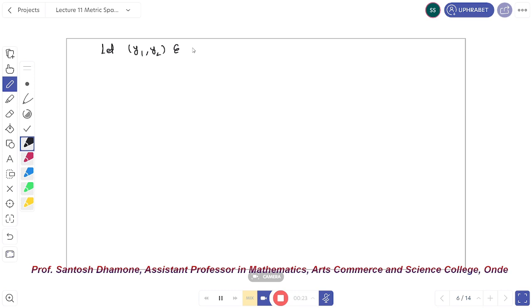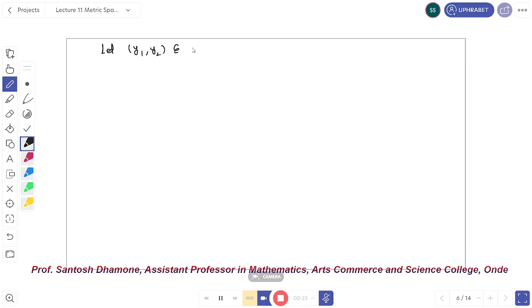This is greater than, 7 cancels, we get 3p1 plus 4p2 minus 3p1 minus 4p2 minus 12. Therefore 3y1 plus 4y2 is greater than minus 12. Therefore this point y1, y2 lies in the upper half of the line 3x1 plus 4x2 greater than minus 12.